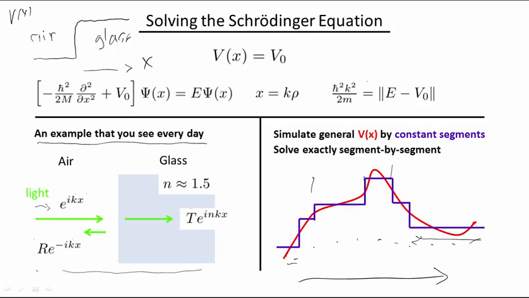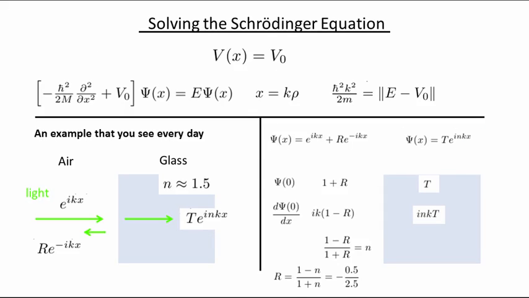Then there's a reflected component, which is of the type r, the reflectance coefficient, times e to the minus ikx, and then the transmitted coefficient here. Now, how do we determine the effect of glass on light? Let me refer you to an inline quiz.